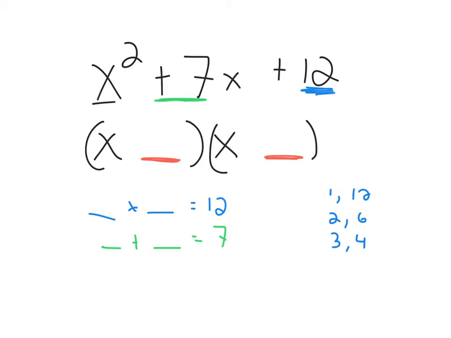If we look at those options, only 3 and 4 multiply to be 12 and add to be 7. So this factors to be x plus 3 times x plus 4. And it doesn't matter if you write x plus 4 times x plus 3. We know that that is the same exact thing.